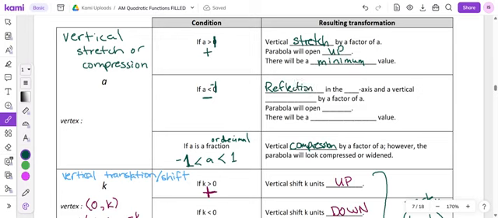It's a reflection in the x-axis, because it flips over the x-axis. And there's a vertical stretch by a factor of A. I'll teach you what that means. The parabola will open down. And when it opens down, do we have a max or min? Good. I'm going to cross this out. This doesn't matter.